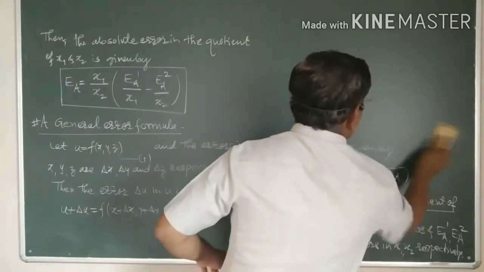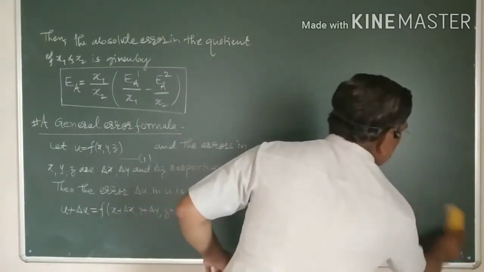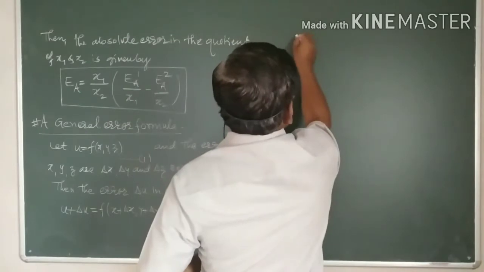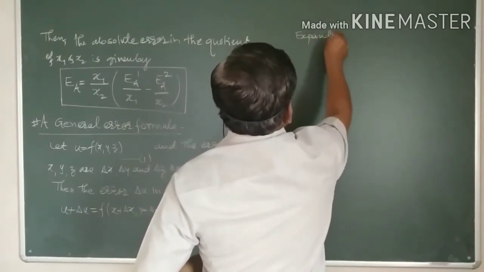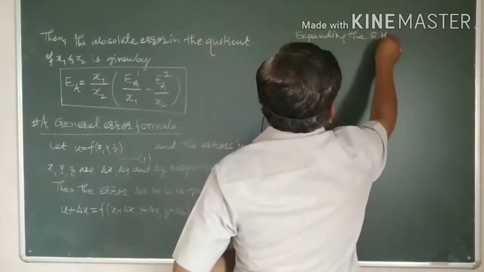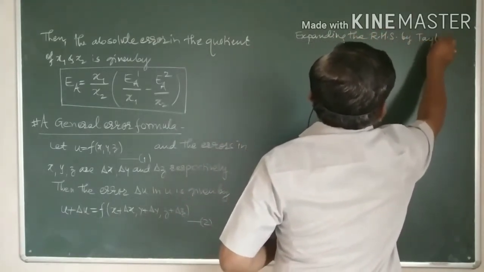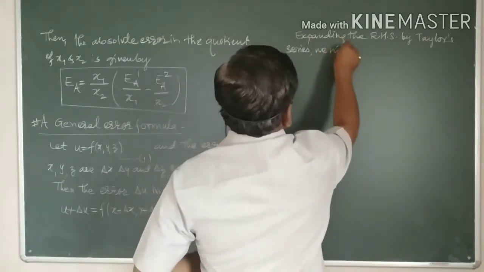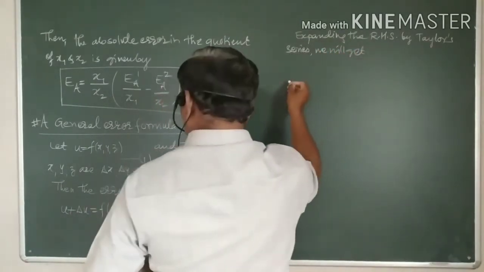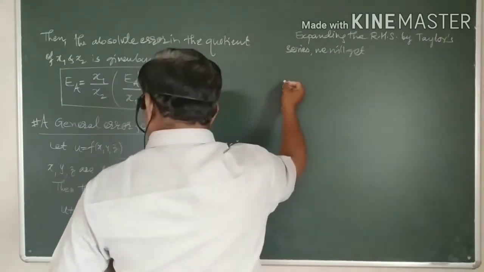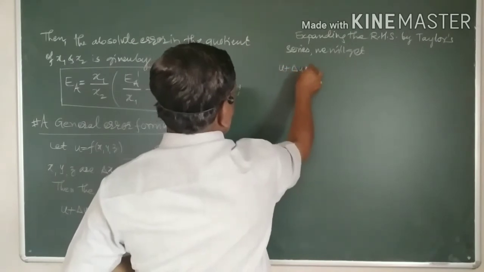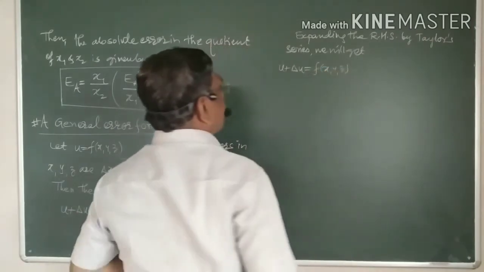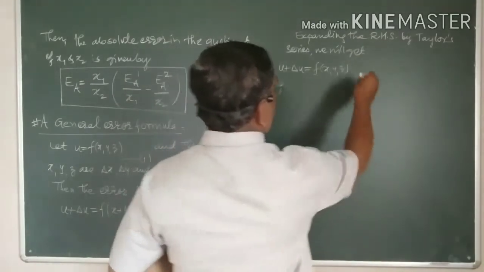Next, expanding the RHS by using Taylor series, we will get u plus del u on the left-hand side, which is equal to, after expansion, the function f of x, y, z as is, plus what now?